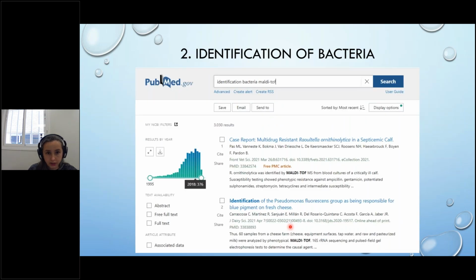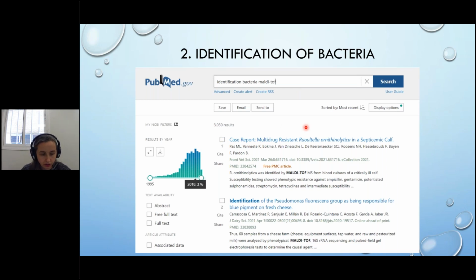Once this technique was established and assayed and shown to work, there was a boom of MALDI-TOF from 1995 to the present day. This is a search in PubMed made a couple of days ago with these keywords, and the result is more than 3,000 articles about identification of different microorganisms from bacteria to yeast, fungal isolates, filamentous fungi, mycobacteria, whatever pathogens you may be thinking about.